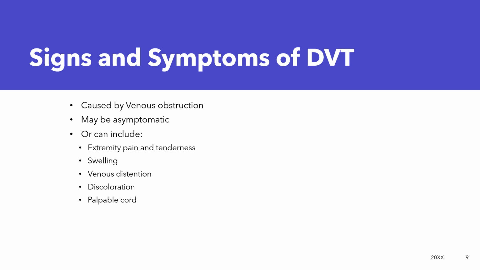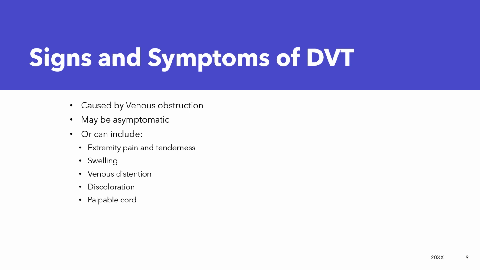When we do see signs or symptoms, most of the things that patients will complain of is extremity pain and tenderness, swelling, venous distension, discoloration. You'll see a redness to the leg, and a palpable cord. Now, all of these things, the pain, the swelling, the distension, the discoloration, all of that is because there's blood accumulating in the leg that should be being picked up by the venous system and returned to the heart, but isn't.